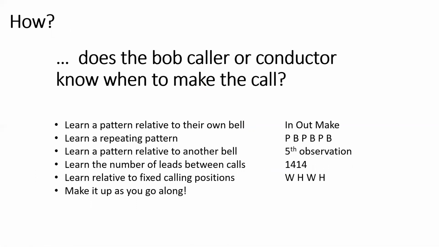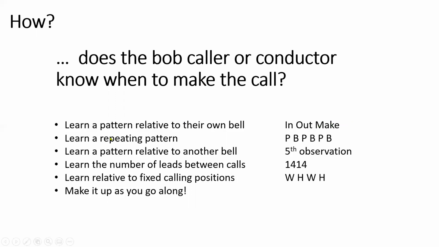So for instance, you may call them bobs so that you run in at the first one, out at the second one, and make the first one. And that actually rotates. You can call yourself to run out, then to make, then to run in, or to make the first bob, run in at the second bob, and run out at the third bob. But essentially, you're learning a pattern of calls relative to what you do, and you don't have to worry about anyone else.